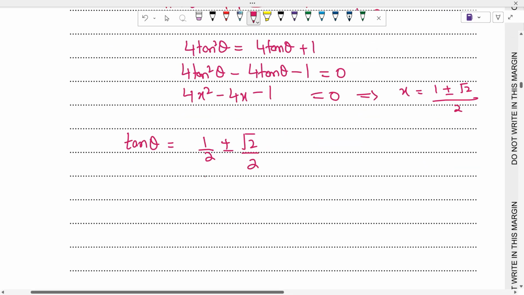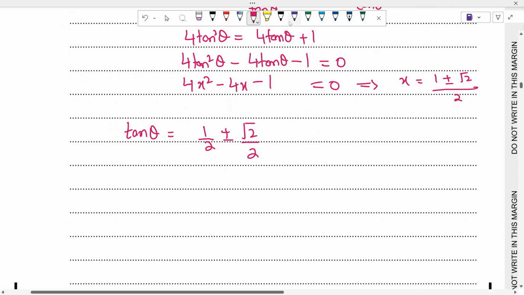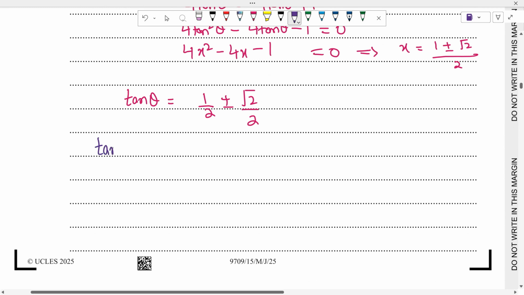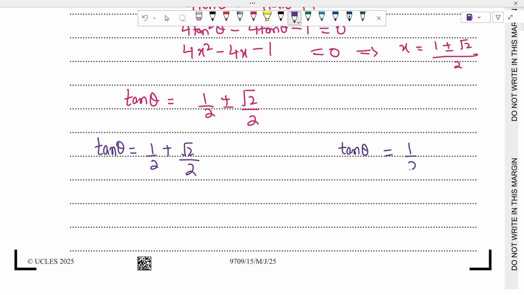So we have two values of the tangent. First, tan θ = 1/2 + √2/2, and the other value is tan θ = 1/2 - √2/2. When we solve it, we will have 0.5 + 0.707 in this case, and 0.5 - 0.707 in the other.